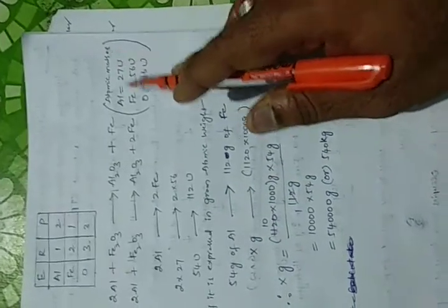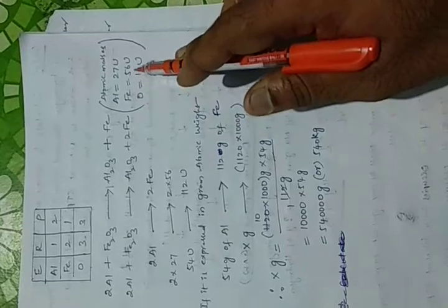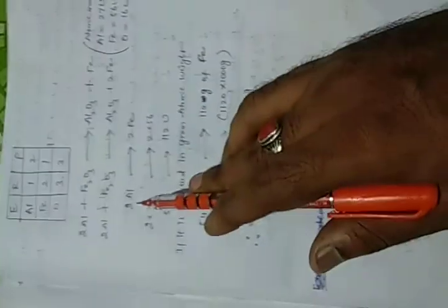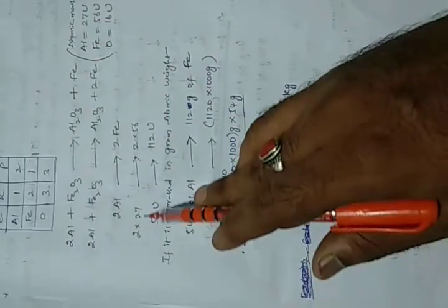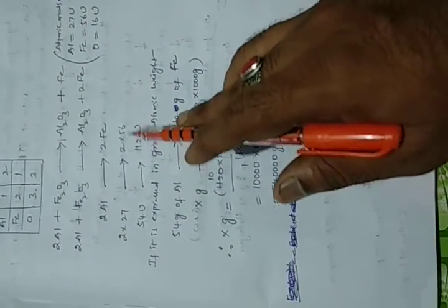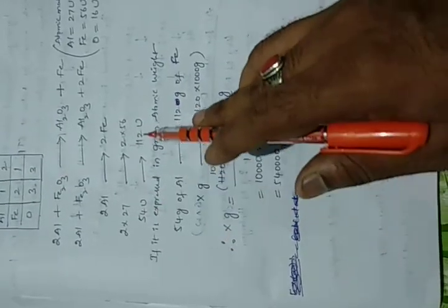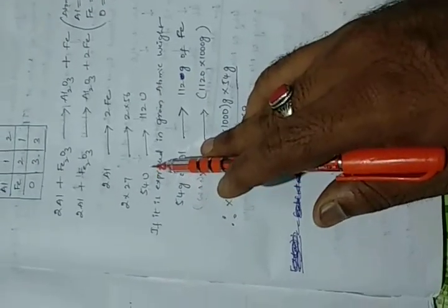Atomic masses: aluminium 27 U, Fe 56 U, oxygen 16 U. 2 aluminium gives rise to 2 Fe. 2 into 27 gives rise to 2 into 56. 54 U gives rise to 112 U. U means unified mass.